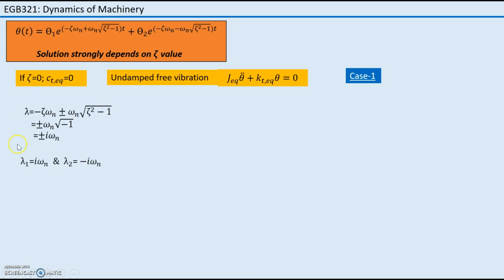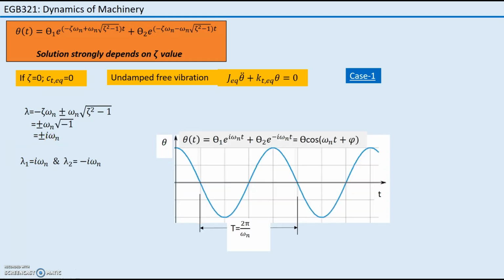So we get lambda with two values which are purely imaginary numbers, and for that we get the solution as a function of cosine. So the curve will be a cosine curve with period T equal to pi on omega n, and it will last forever.